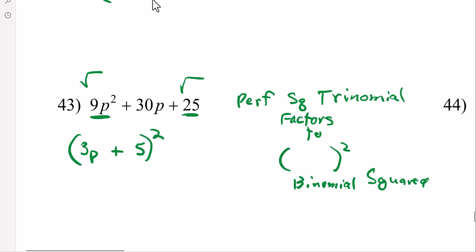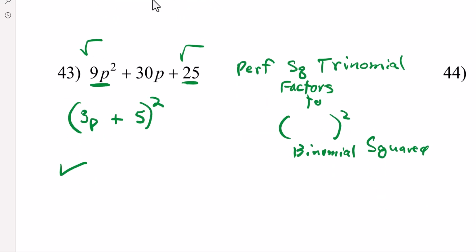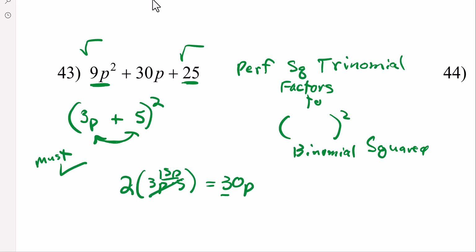That's all the work. However, you must do the check, and this is the specific check. 2 times 3p times 5. 3p times 5 is 15p. 2 times 15p is 30p. Yep.